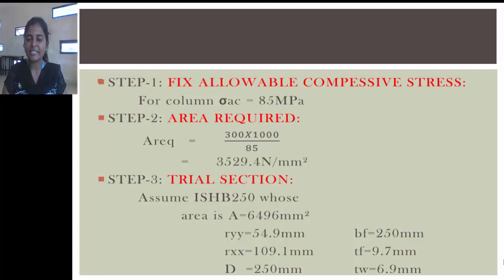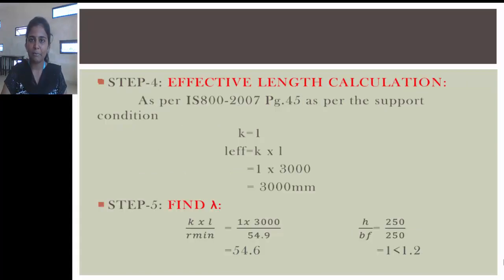Then step 3 is choosing a trial section. ISHB 250 is chosen based upon the area. Here the area is 6496 mm square, which is greater than the area required. And then the properties RYY, RXX, D, BF, TW, TF are taken from the steel tables.